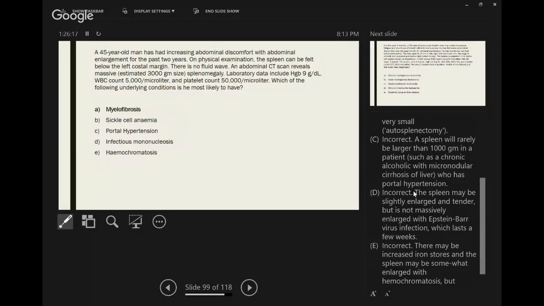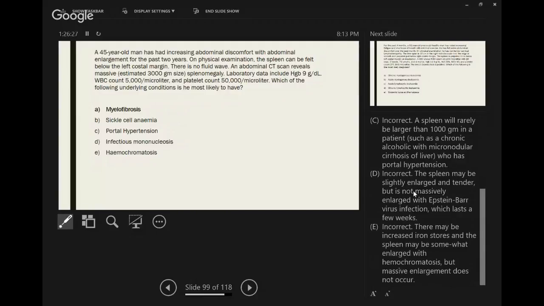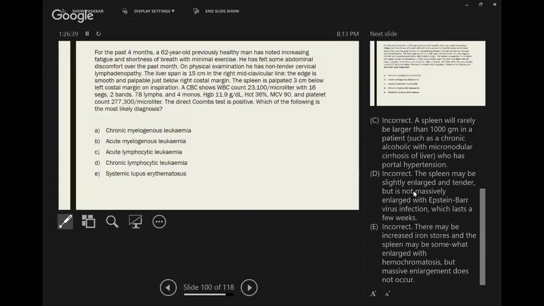It also wouldn't present like this. You have to look for the other symptoms of portal hypertension. Infectious mononucleosis, you might get a slightly enlarged, slightly tender spleen, but not massively enlarged, and EBV only lasts a few weeks. And hemochromatosis, you wouldn't get a massive enlargement. You'd also have something about iron stores, probably.